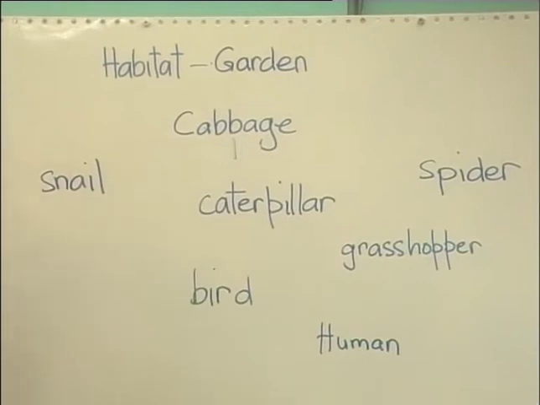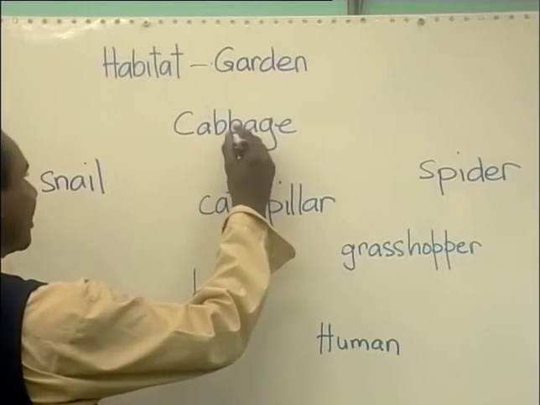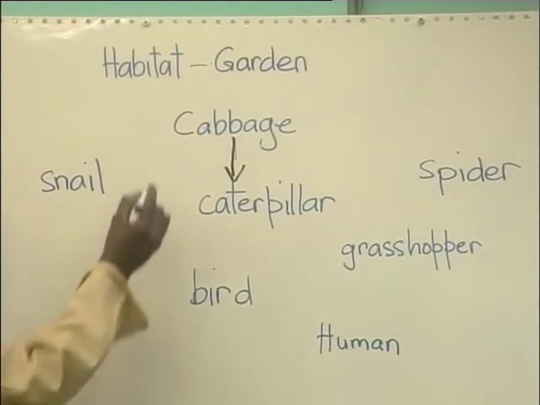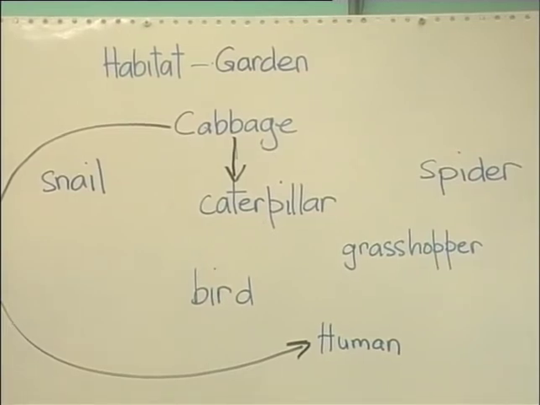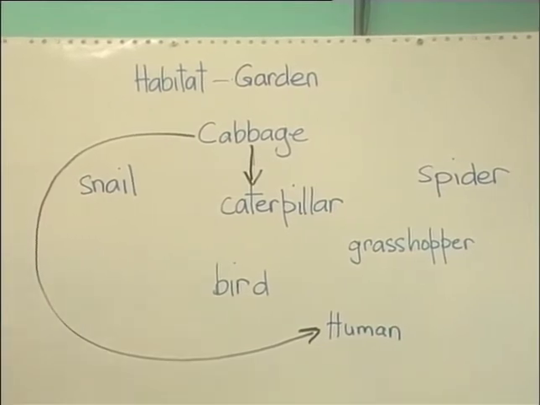Do we have a black marker? Okay, thank you. Cabbage. What else? Human being can eat cabbage. Yes. Human being eats cabbage. What else? Let's have one at the Juanita.